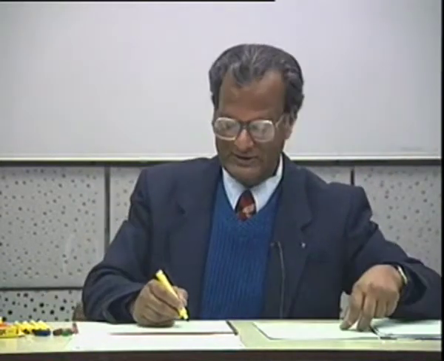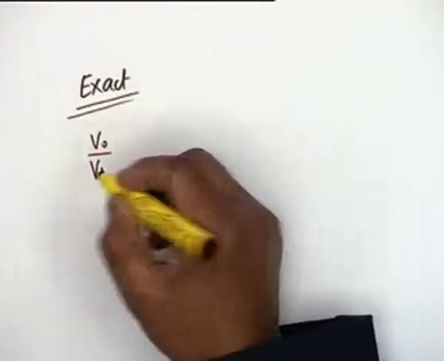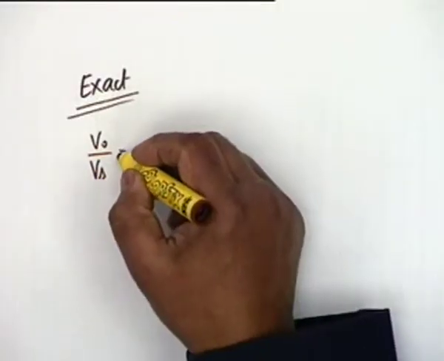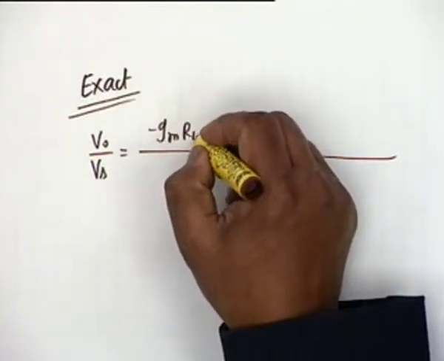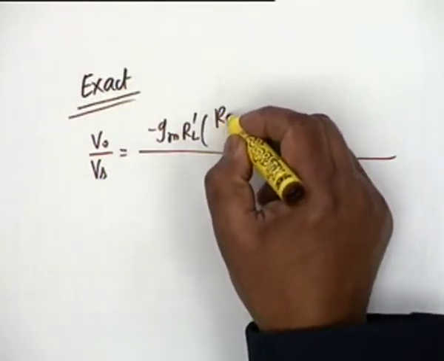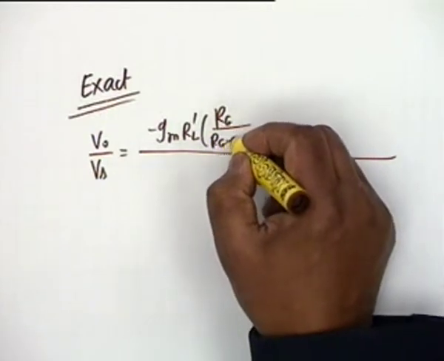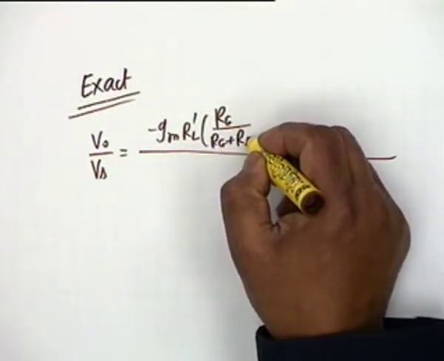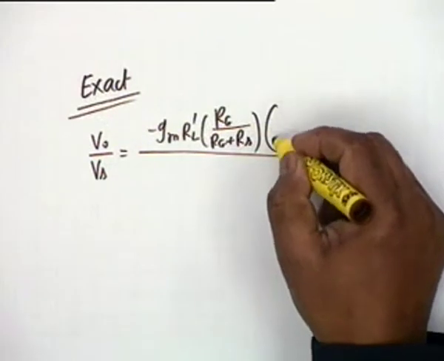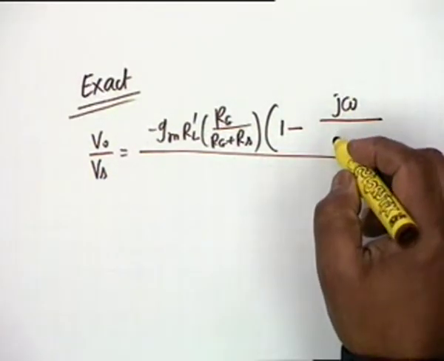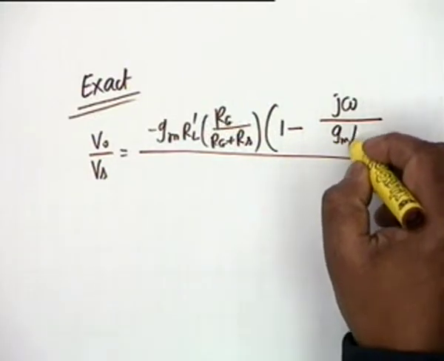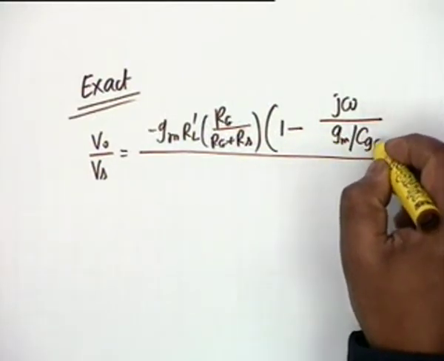The exact expression for V0 by Vs by making a 2-node analysis is the following. Write it down and try to verify that it is indeed so. RG plus RS, then you have 1 minus, exactly like the BJT, j omega divided by Gm over CGD.